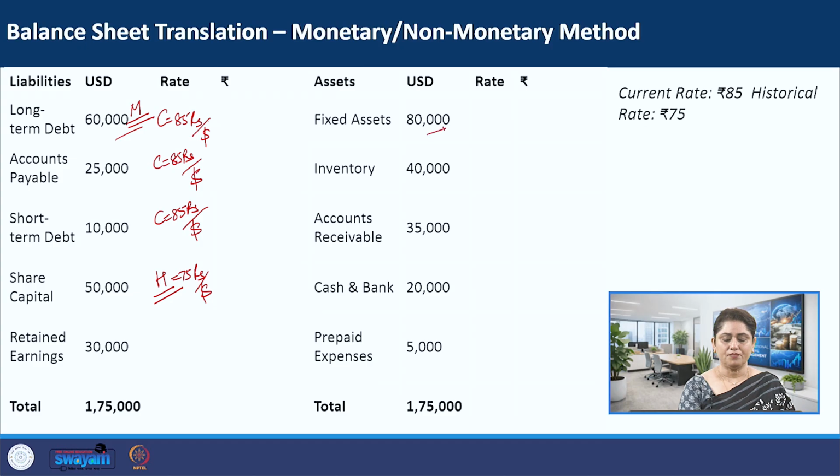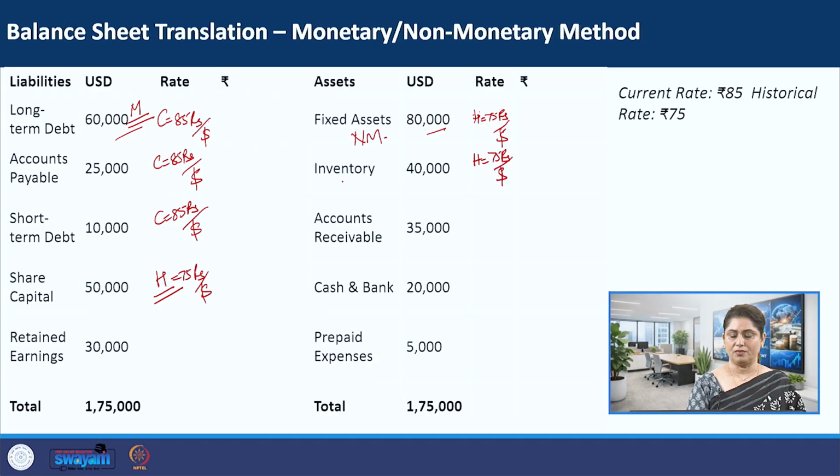In fixed assets, we are not doing any transactions in the immediate or coming future. So, it is a non-monetary item, and non-monetary items will always be converted into the historical rate of 75 rupees per dollar. And inventory will also be converted into the historical rate of 75 rupees per dollar.